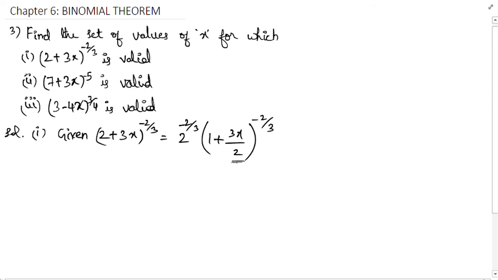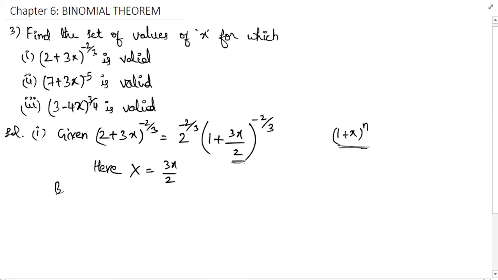To find whether the expression is valid for the set of values, we have to compare. The expression should be in the form of (1 + x) whole power n. To make the expression in this form, I have written it this way. Here let us assume capital X is equal to 3x by 2.